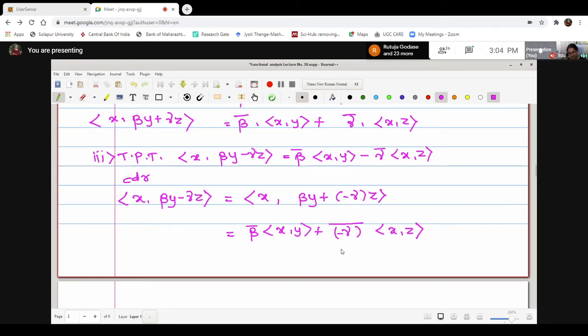This is minus gamma bar, negative gamma bar. Therefore, shall I write this as minus gamma bar times the inner product of x with z? What property have we used? The conjugate of a negative sign is the negative of the conjugate, right? Hence this is the proof of the third property also.